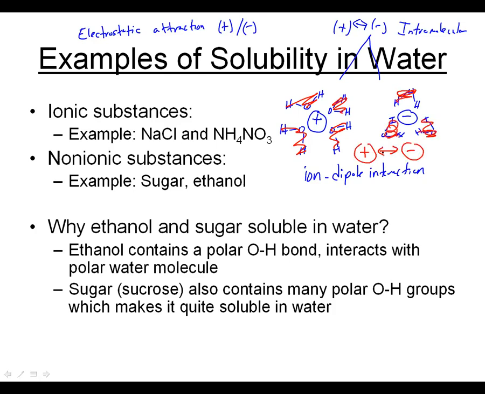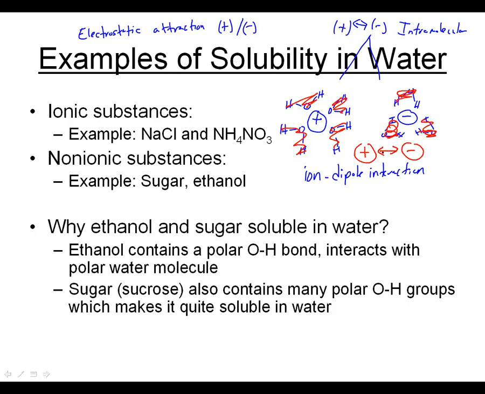They will come back together, and you will see your ionic solid back in its original form. It will come back together as a solid because you evaporated off the water. So ionic substances are very soluble in things like water because they can do that ion dipole interaction. They can interact very well.